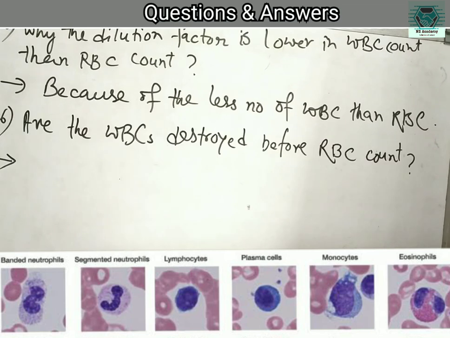So the next question, are the RBCs destroyed before WBC count? As we know, before WBC count, RBCs are destroyed because otherwise they will interfere in the counting. But the WBCs are not destroyed, or it is not necessary, because the WBCs are far fewer in number in comparison to RBC.